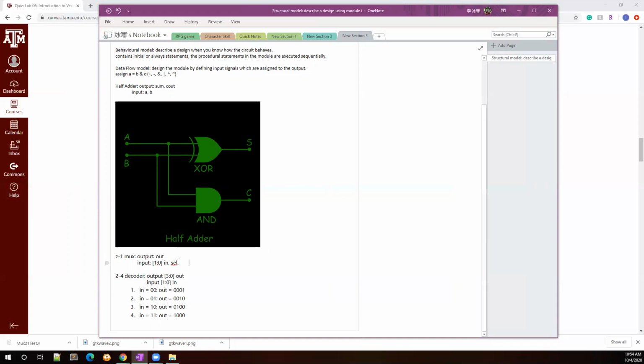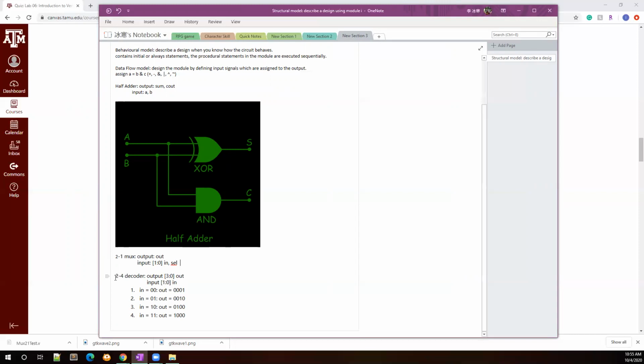So for the 2-to-1 mux, you need to use the truth table, get the logic expression, and draw the circuit by yourself.